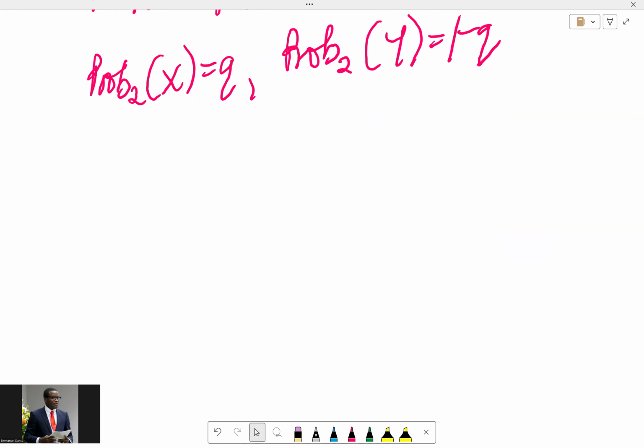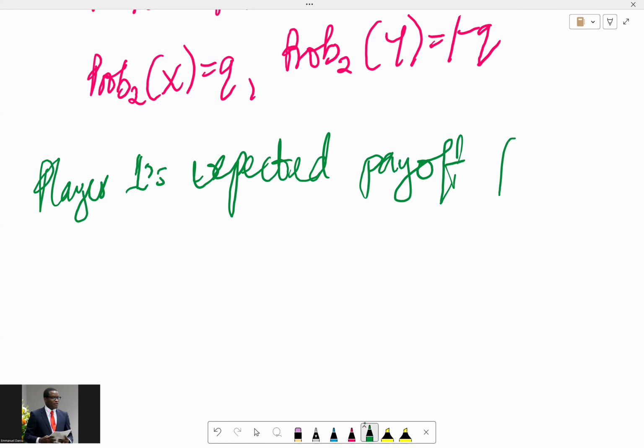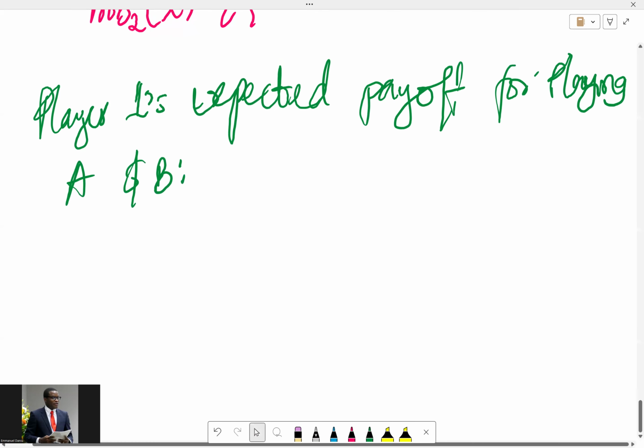So in this case, player 1's expected payoff for playing A and B are like this.